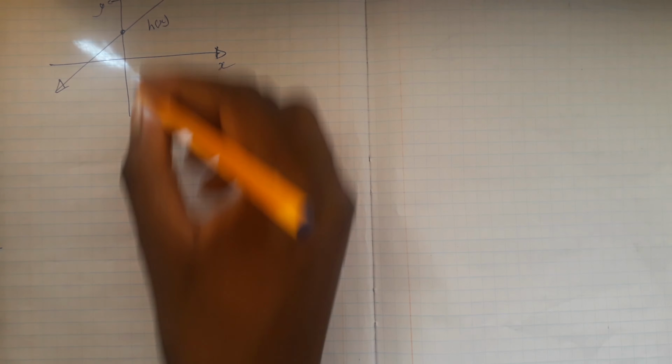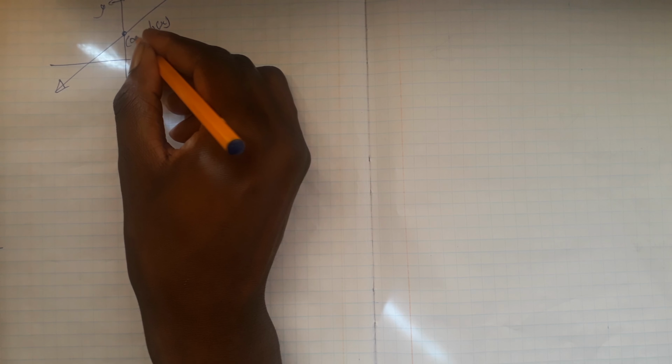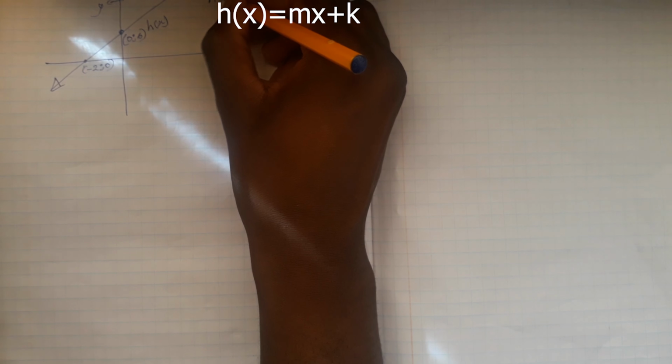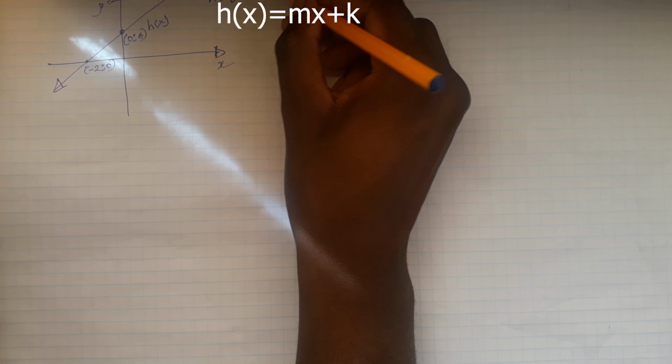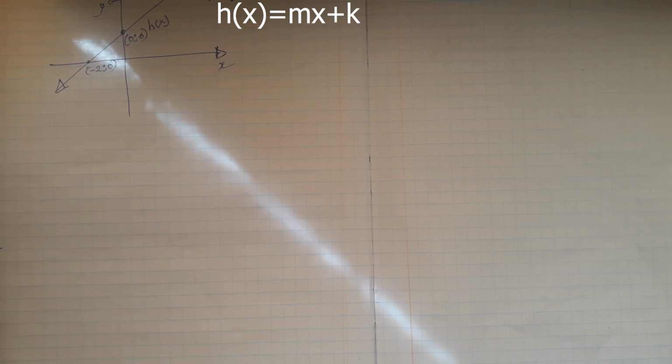The coordinate of the y-intercept is 0 and 6, and the x-intercept is negative 2 and 0. And they say h of x is equal to mx plus k, and they want you to determine the values of m and k.